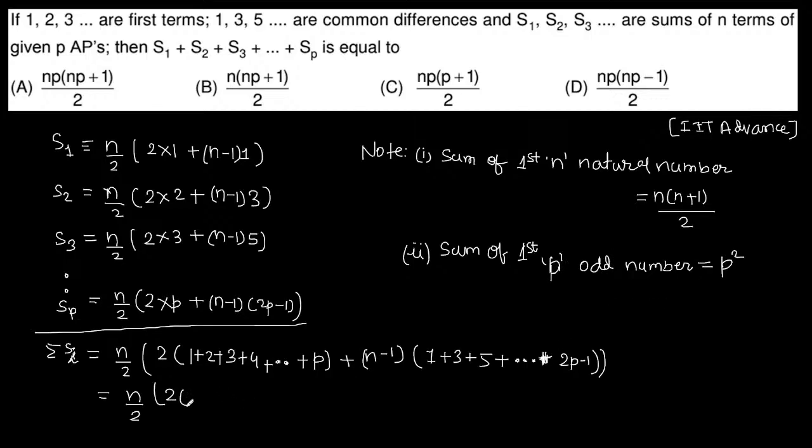So this is nothing but n by 2 times p into p plus 1 by 2 plus n minus 1 into p square.